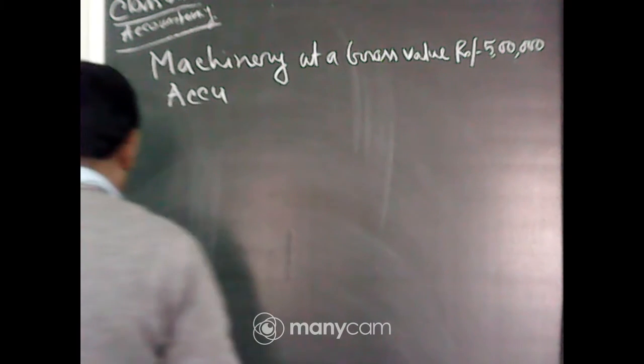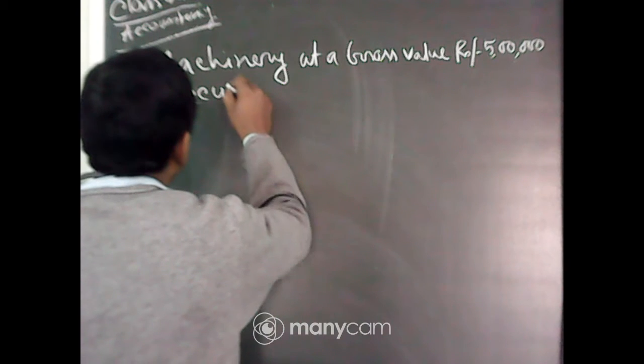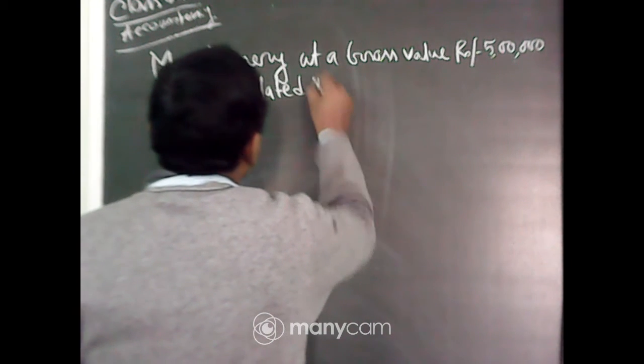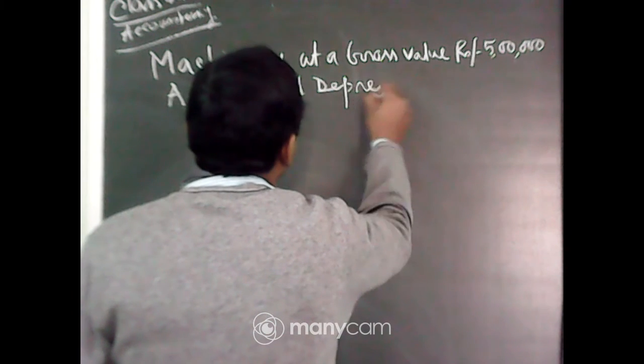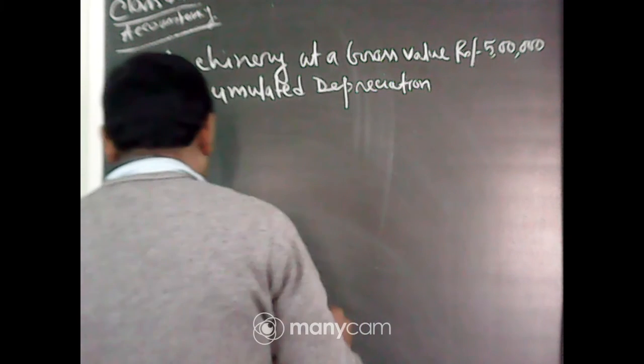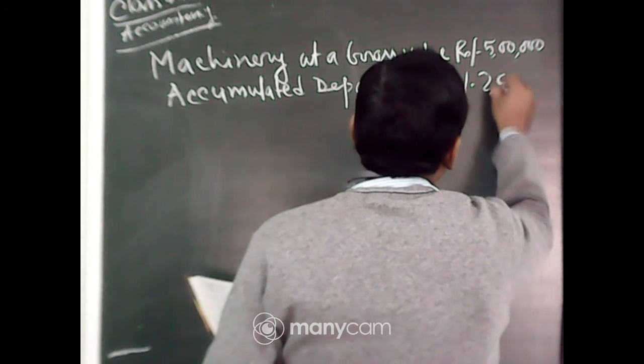That's the total accumulated depreciation. They said accumulated depreciation, the amount is rupees 2 lakh.